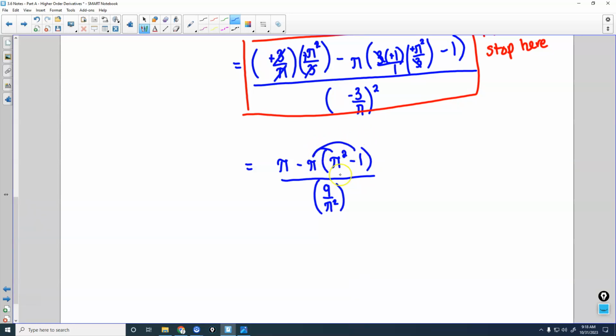Distribute your pi. So we have pi minus pi squared, pi cubed, plus pi over 9 over pi squared, which is going to give us 2 pi minus pi cubed over 9 over pi squared.